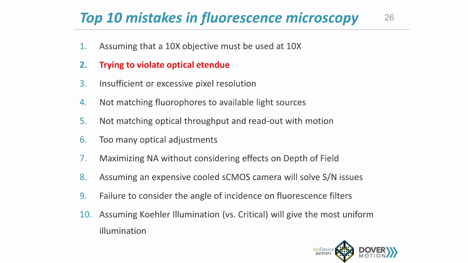Another mistake that I frequently encounter is trying to violate optical étendue, which is a law of physics that states that the product of the NA, or the cone angle, and the area being imaged or passed through the objective from the illumination side is fixed by the objective's capabilities.